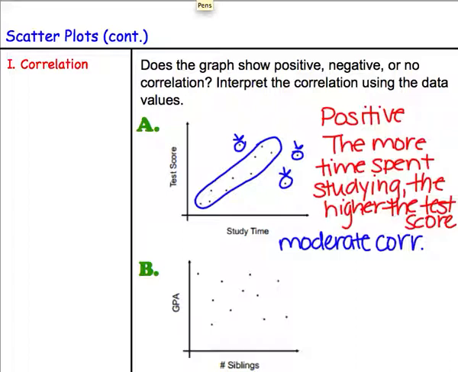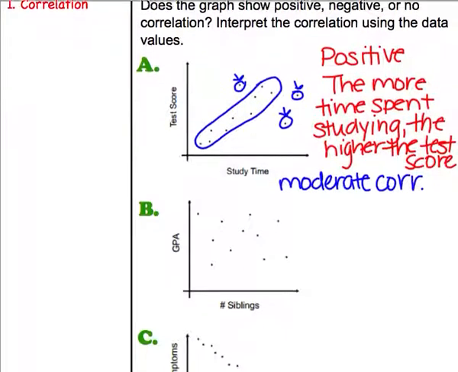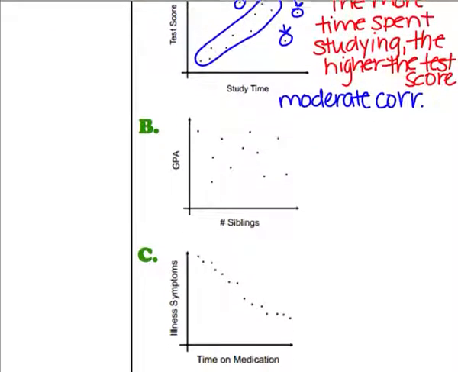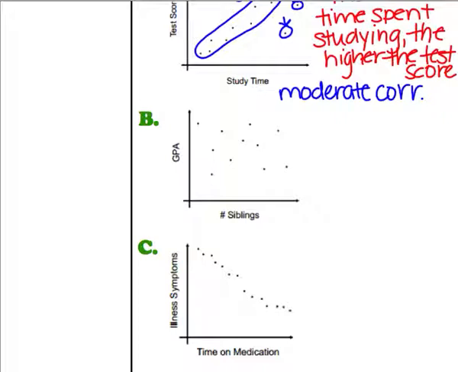Now, if we look at the second example, this is looking at the relationship between the number of siblings and your GPA. And as you can see, the points are scattered all over the place. This is what I would call no correlation, because there really is no relationship.